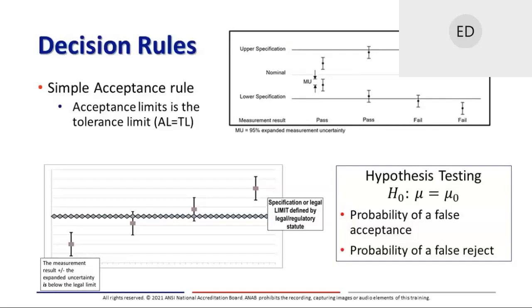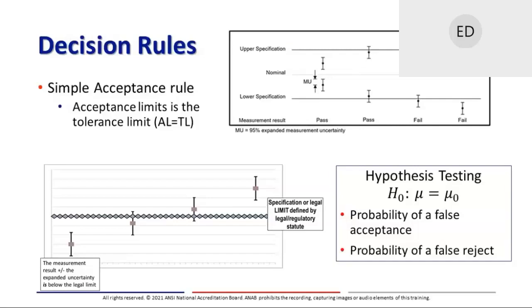And if we do the measurement plus or minus the measurement uncertainty, anywhere that measurement result plus or minus the uncertainty crosses the specification or the legal limit, we cannot say whether or not that measurement result is any different than the legal limit. If it's clearly above the legal limit, we can say it's above the legal limit. If it's below the legal limit where the uncertainty of measurement or error bars don't cross the specification, then we can say it is below the legal limit.